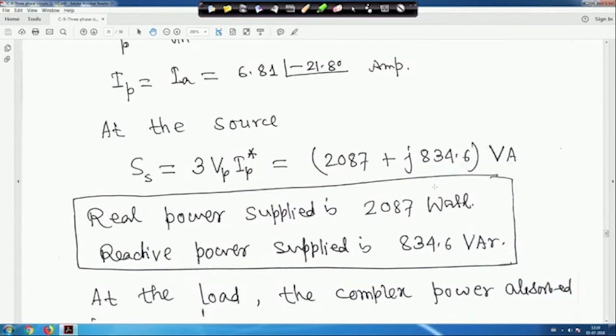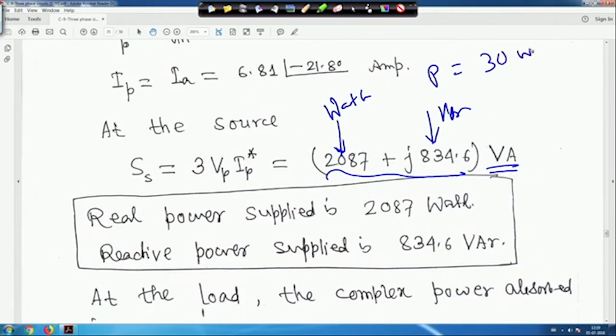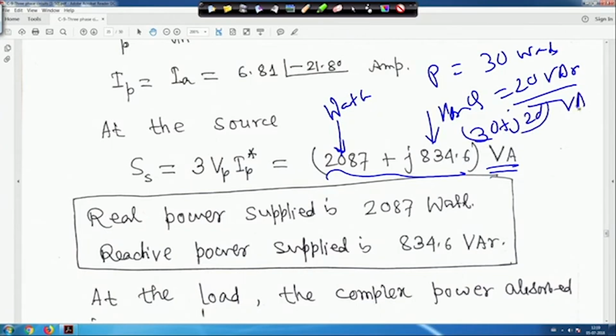Look, whenever you are making it, this is actually my watt, and this is my var. So when we write in this form, watt plus var, this can be volt ampere. For example, suppose you write P is equal to 30 watt and Q is equal to 20 var, it is okay, but when you write in the form P plus jQ, 30 plus j20, it will be volt ampere.